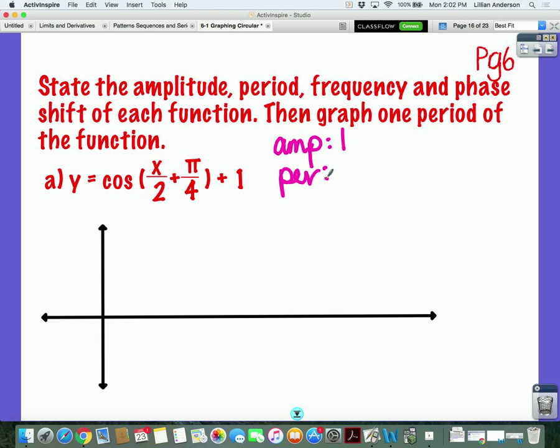I just took C, but I forget how to do it. Remember, your period is the formula 2 pi over the absolute value of b. So, Caleb, what's b in this problem? b would be x over 2, or just 1/2. Careful. Whenever you have a fraction within a fraction, you need to keep, change, flip.